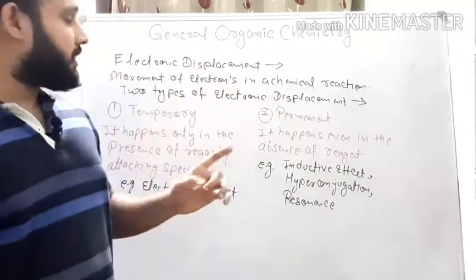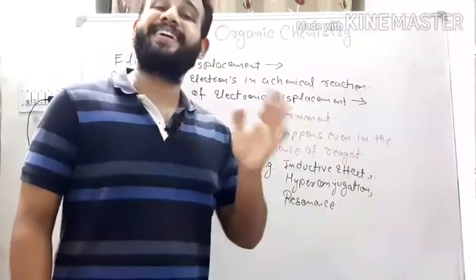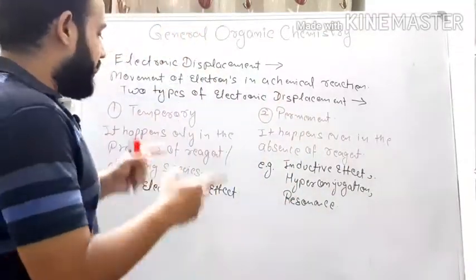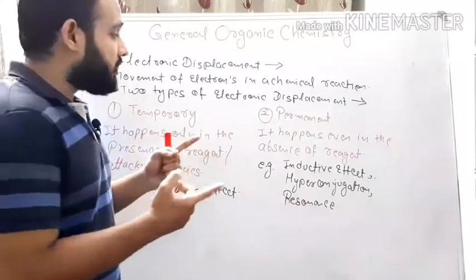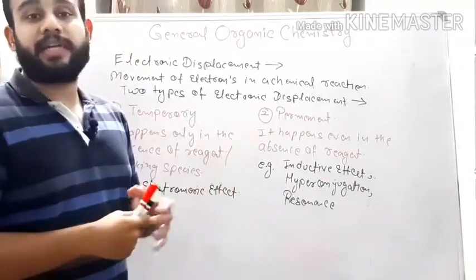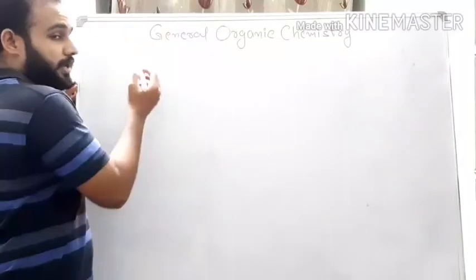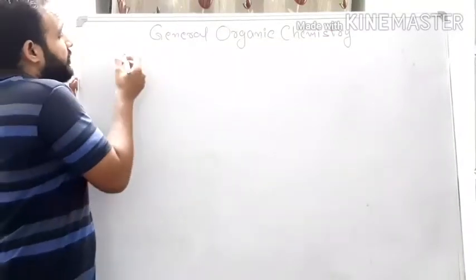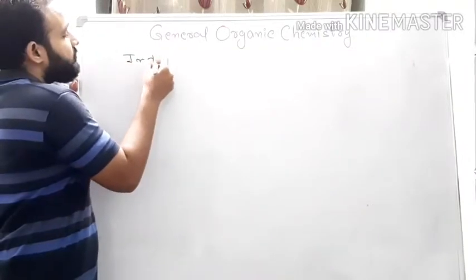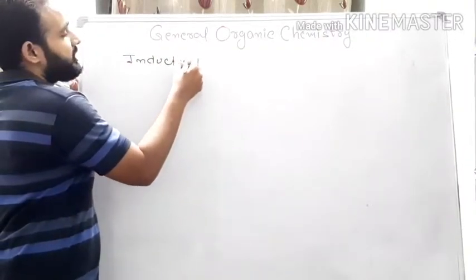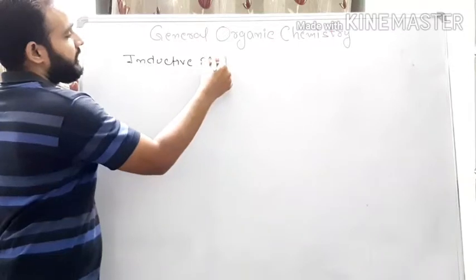Even when the reagent is absent, they can happen in your chemical reaction. Firstly we talk about the inductive effect. Our today's topic is the inductive effect, the first electronic displacement effect.